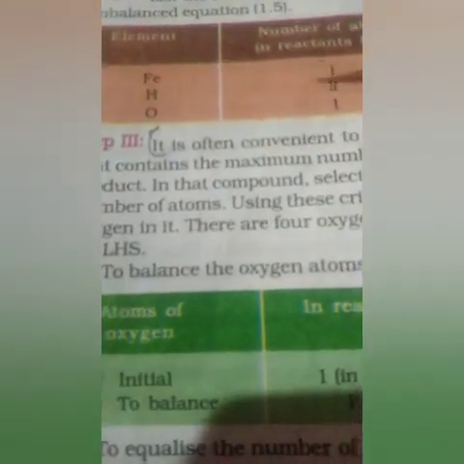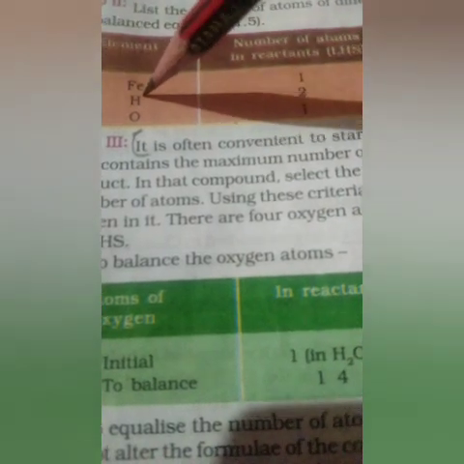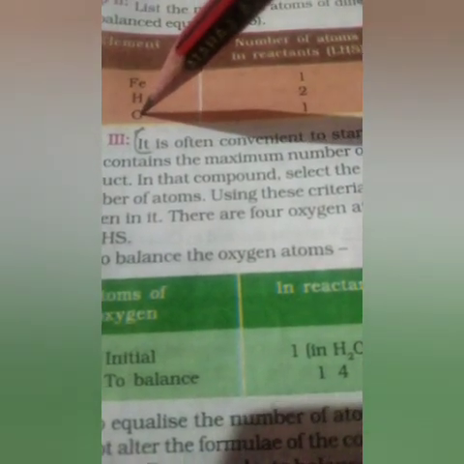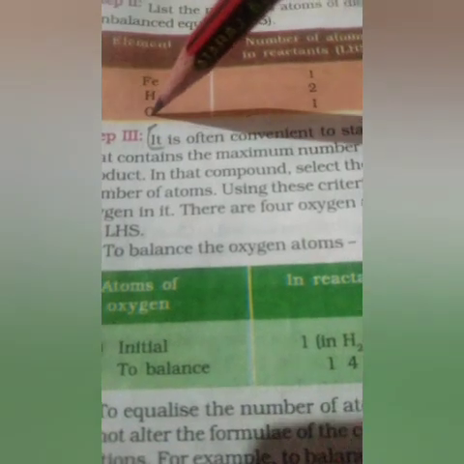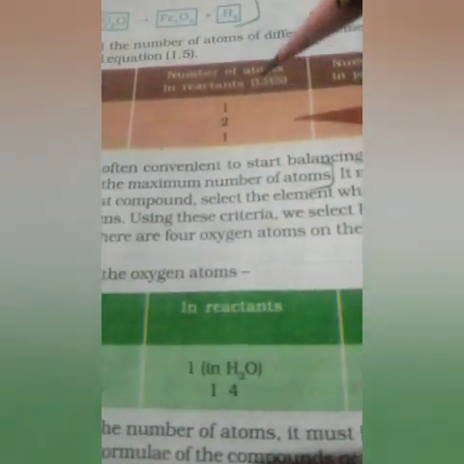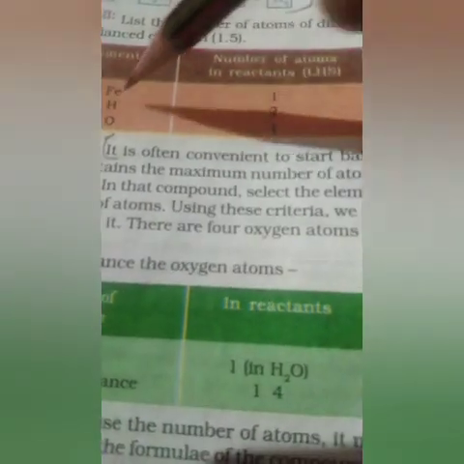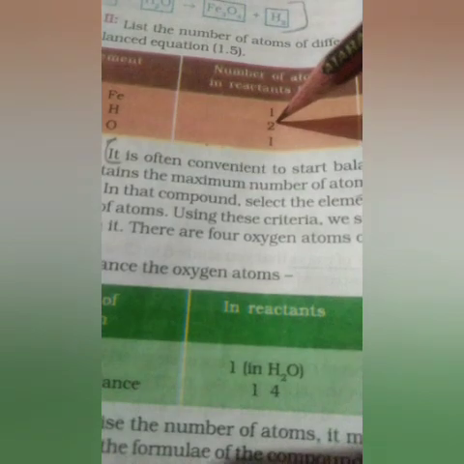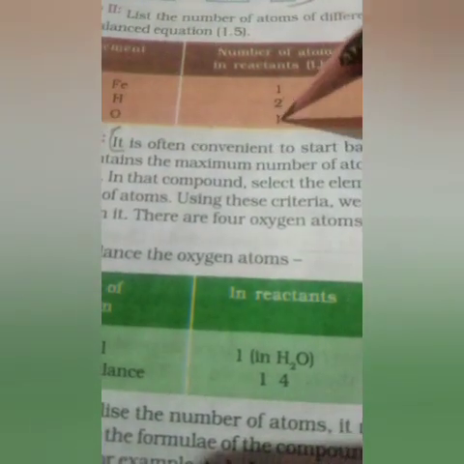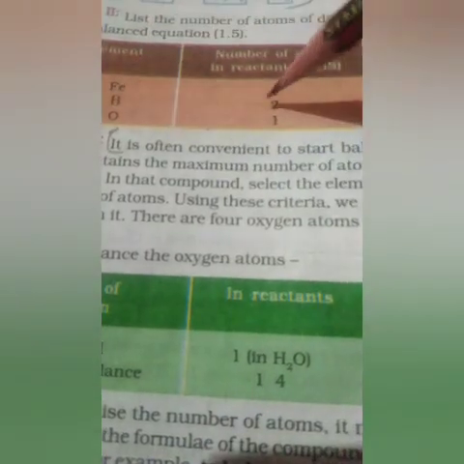Okay, now we need to list out the elements iron, hydrogen and oxygen, and the number of atoms in the reactants, that is LHS. Fe having 1 atom, oxygen having 1, hydrogen having 2.